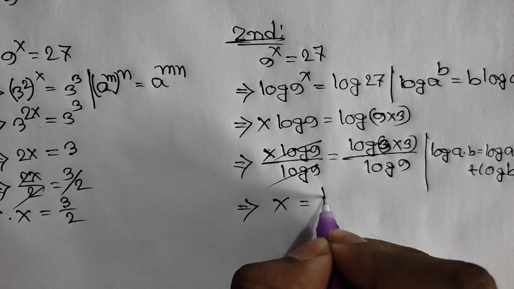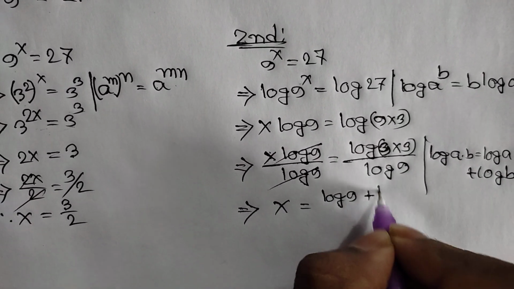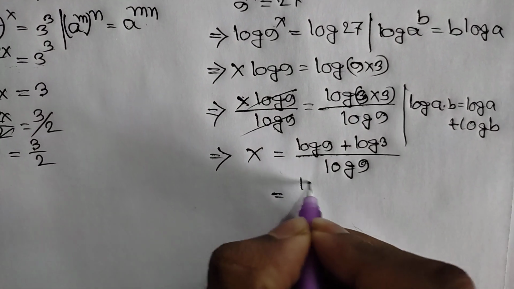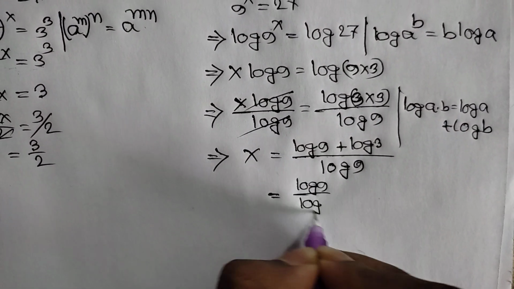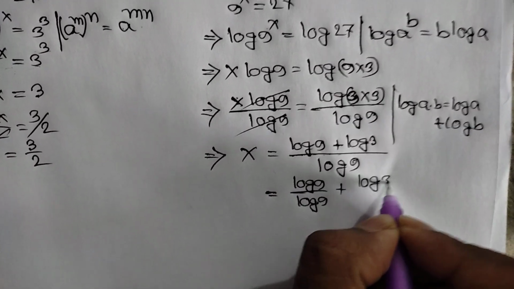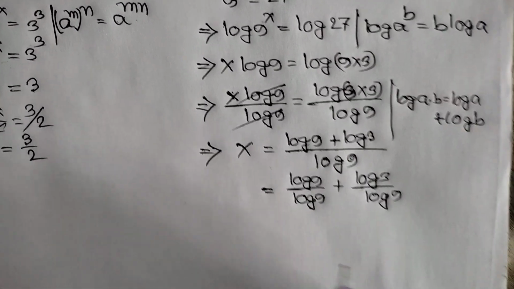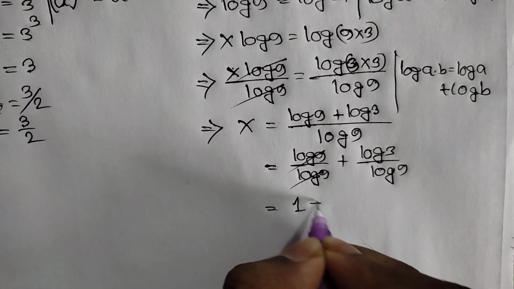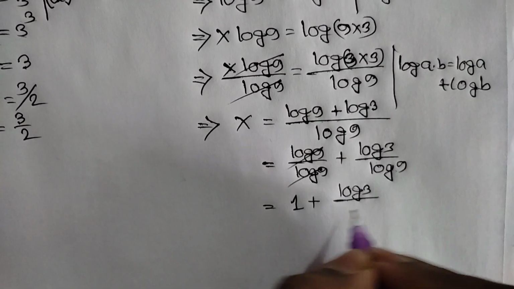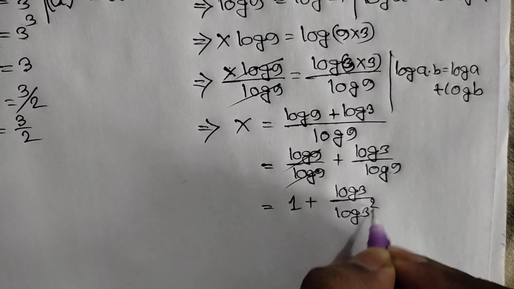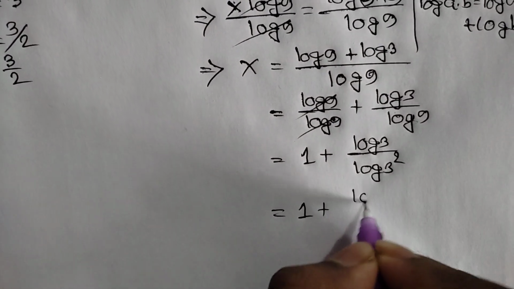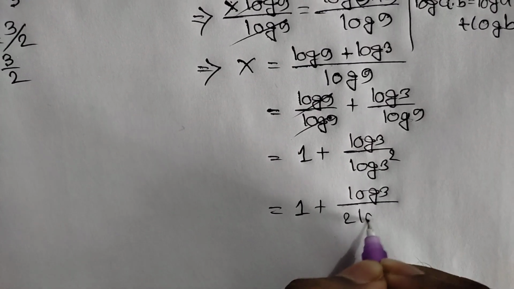Apply this rule here, we can write log of 9 plus log of 3 over log of 9 is equal to log of 9 over log of 9 plus log of 3 over log of 9 is equal to, this log of 9 cancels out this log of 9, so it will be remaining 1 plus log of 3 over, and here we can write log of 3 square, because 3 square is the same as 9, is equal to 1 plus log of 3 over 2 log of 3.